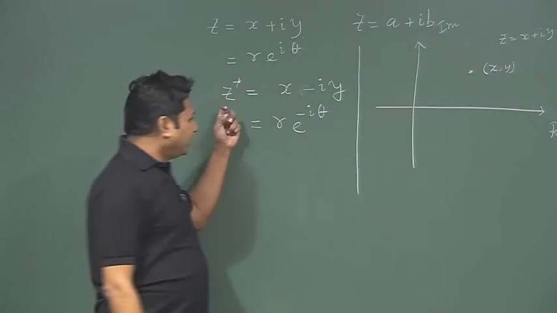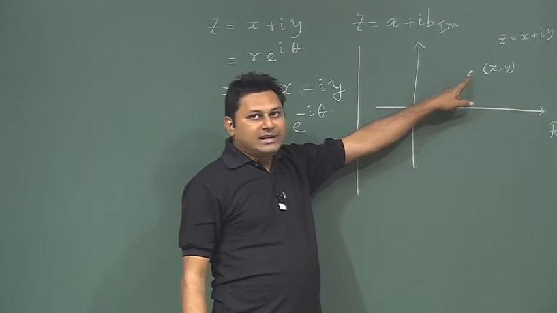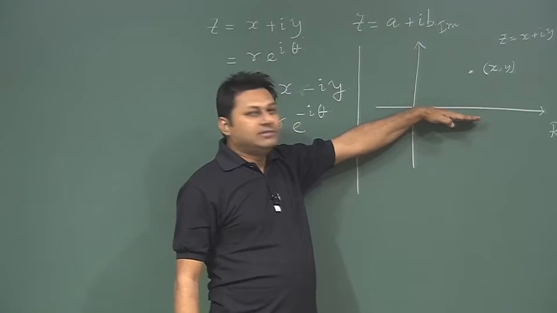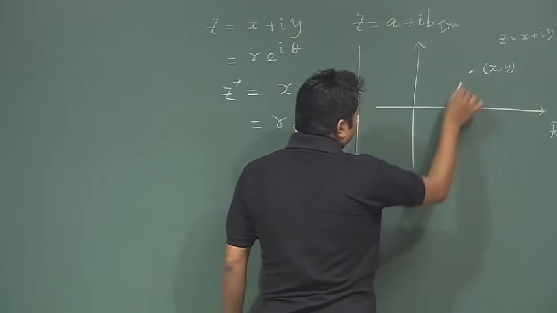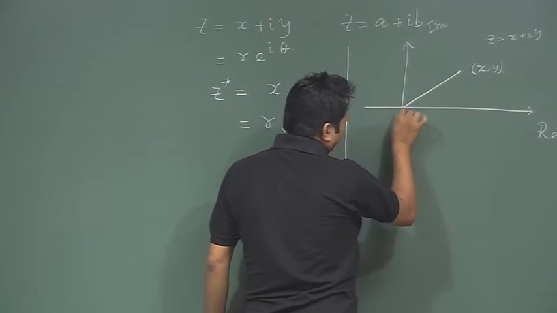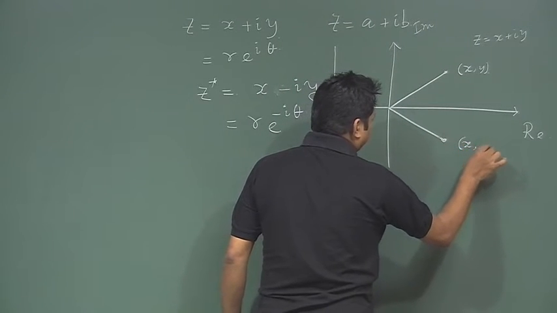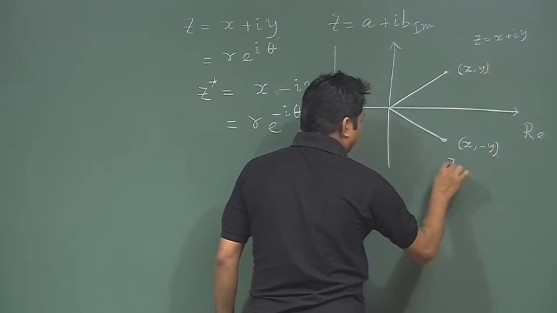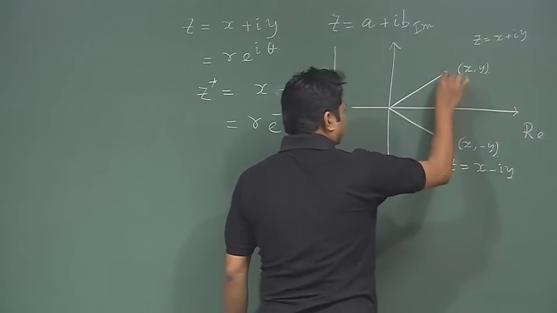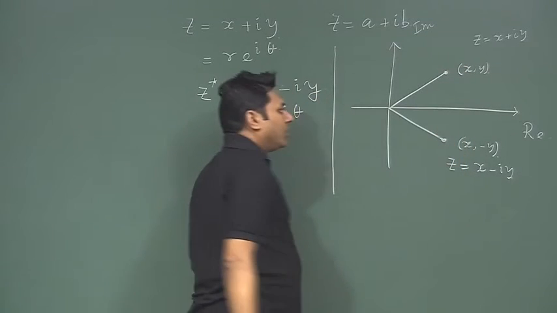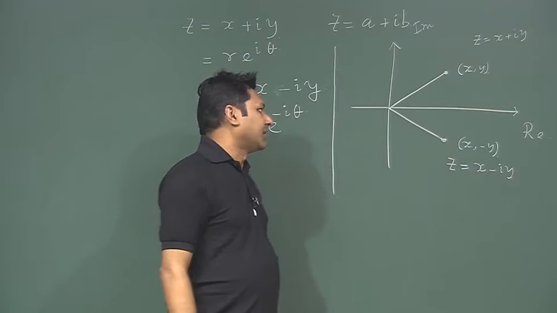So z star is nothing but the replica, or the image, of this point against the real line. If this point is x plus i y, I will have another point here, defined as x minus i y, which is just the image of this point against the real axis, as simple as that.